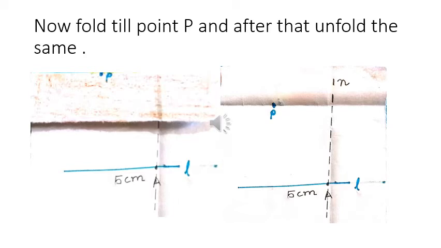As you folded for point A, try to perform the same activity for point P. Now on the other side of the picture you can see that it has been unfolded. You can see a line is drawn automatically.